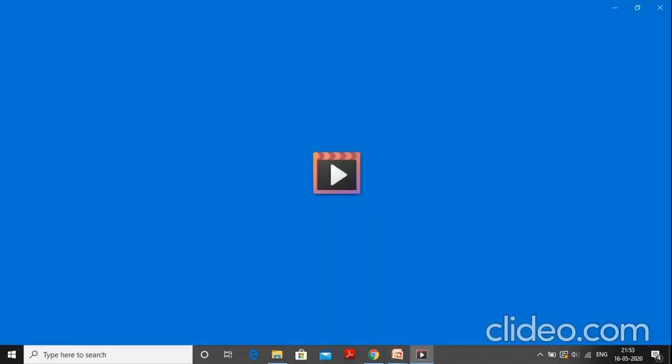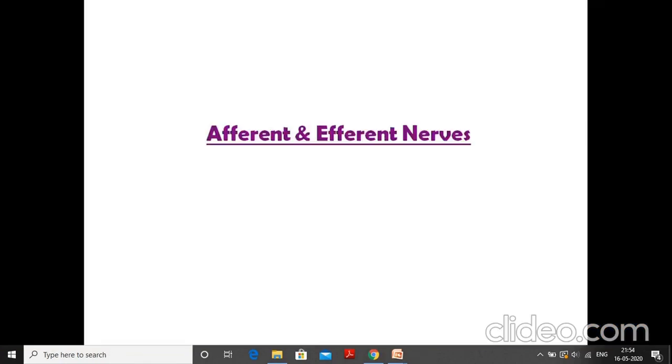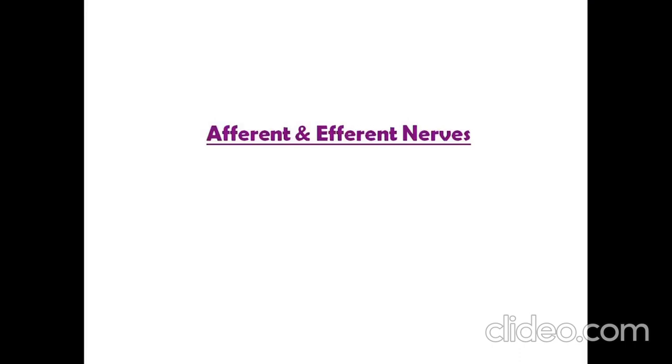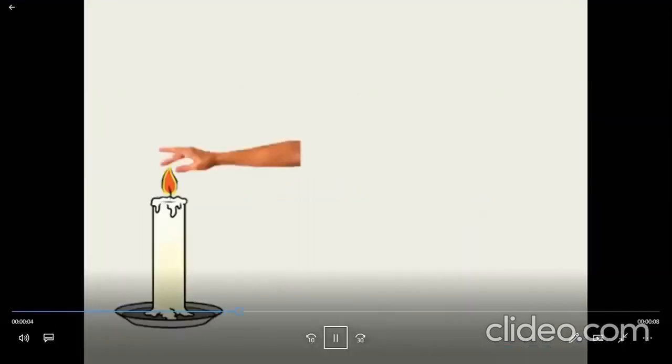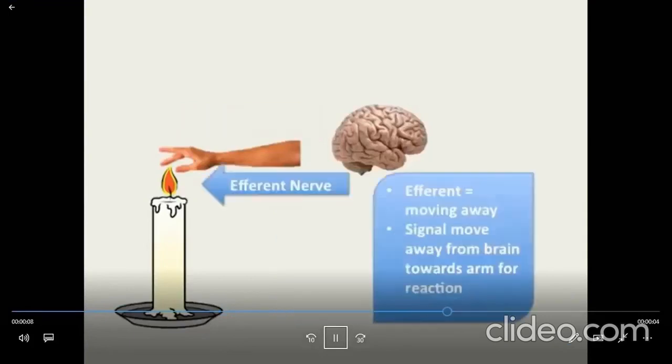Now next one is the afferent and the efferent nerves. Now see, afferent means moving towards and efferent means moving away.